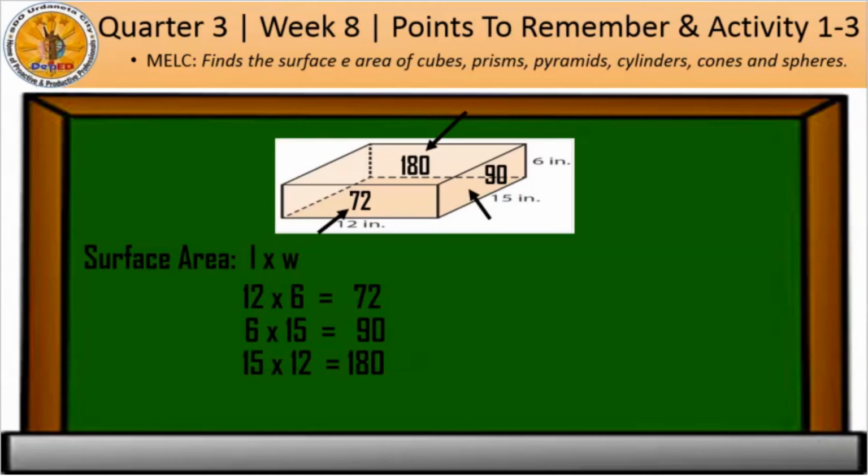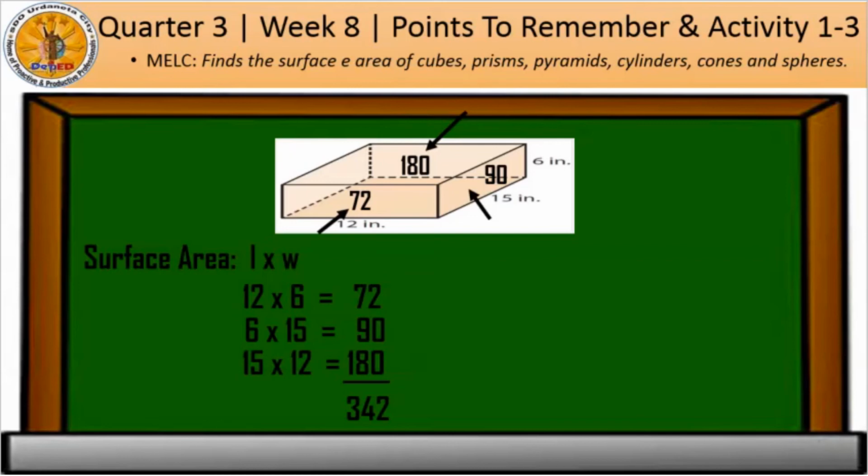We found the surface area for the three faces. Let us all add them together. So we have 72 plus 90 plus 180. That will give us 342. We now know the surface area of the three faces, but we still have 3 more.